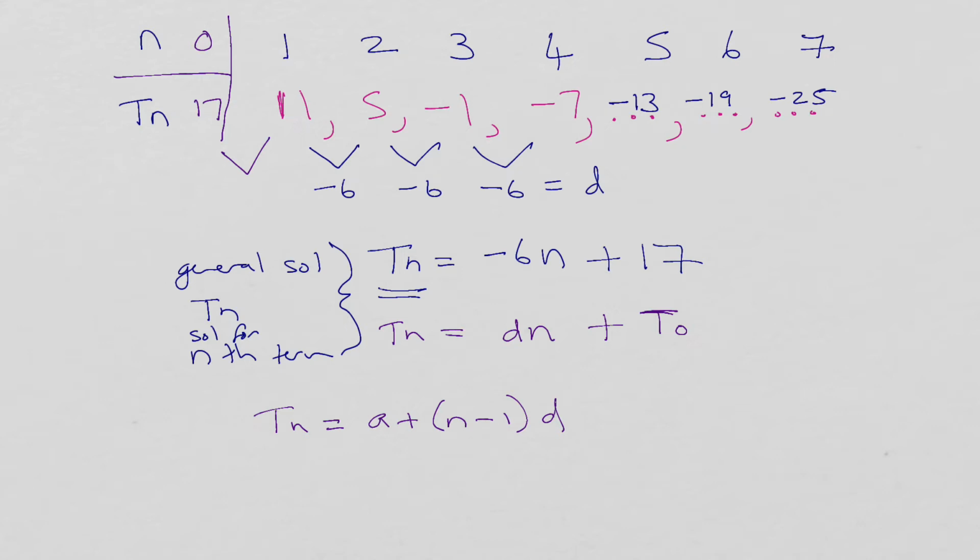But sometimes they're going to give you parts that you need this to solve it with. So this one over here, this is your first term. N is still the term number, and D is still the common difference.